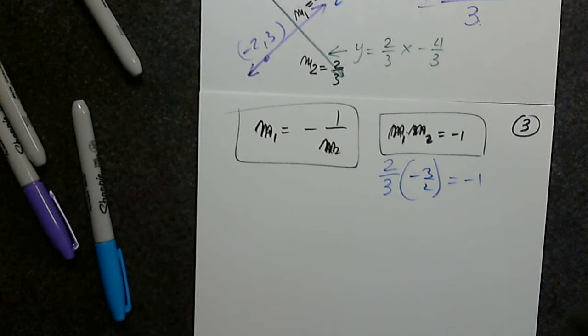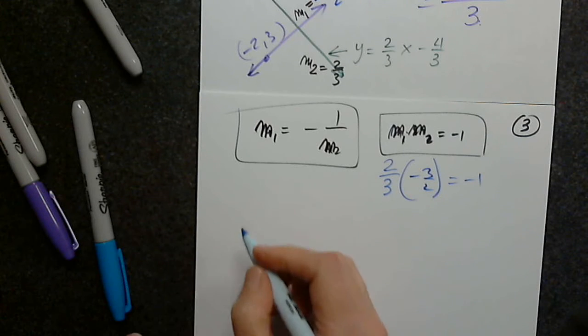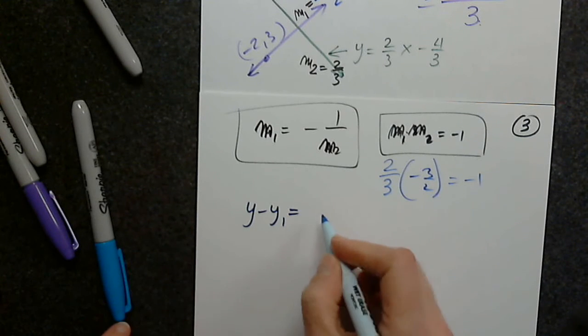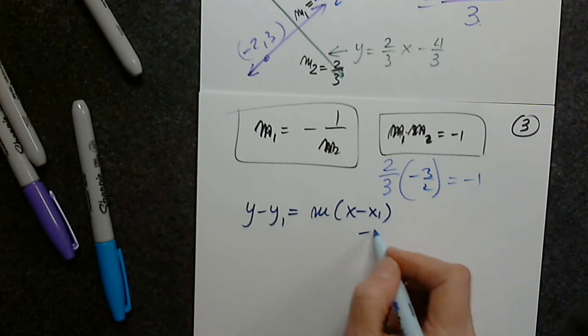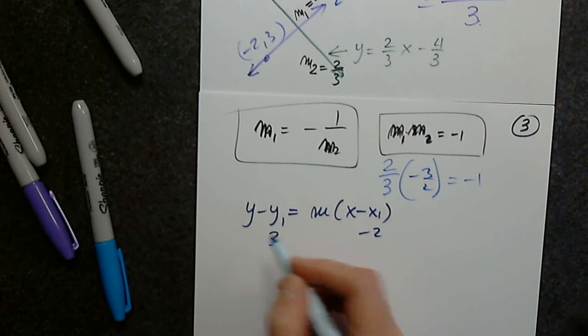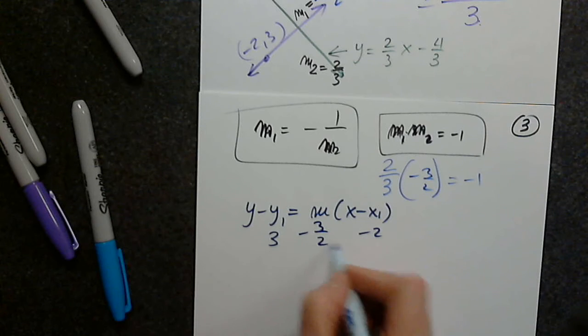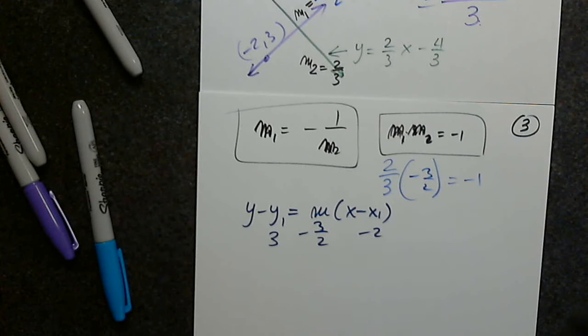Now, in order to determine the equation of this line, I have the same thing, y minus y1 equals the slope times x minus x1. Then the ordered pair is the same, and this time the slope is -3/2. That's the difference. Any questions?